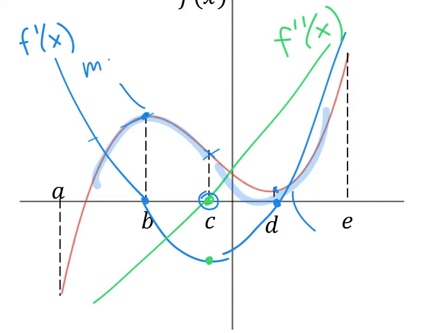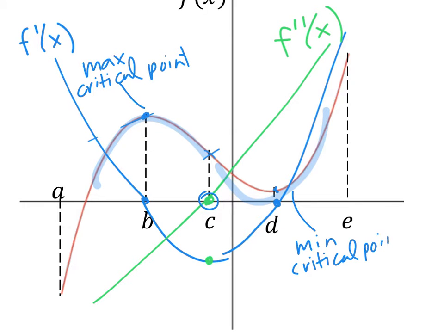Maximum, minimum. And then there's another name for those points. Critical numbers. Yeah, critical number or critical point. And we said critical point makes the first derivative what? 0 or undefined.